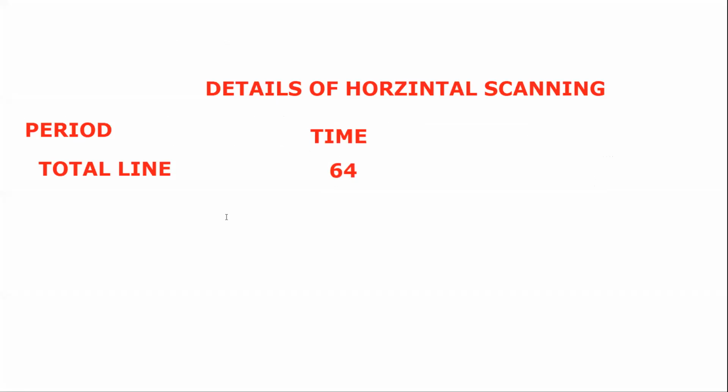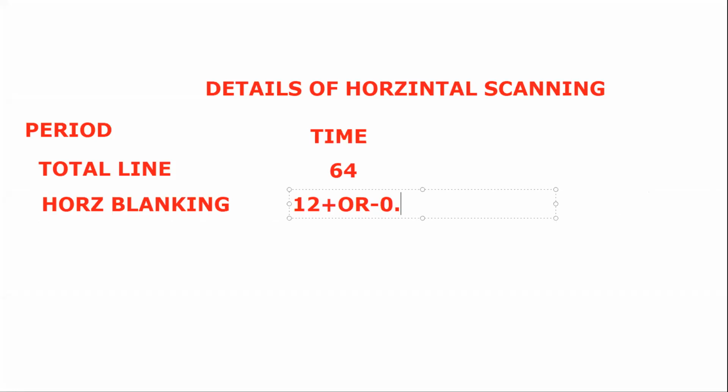So the next period is the horizontal blanking. So here horizontal blanking is approximately 12, plus or minus 0.3.